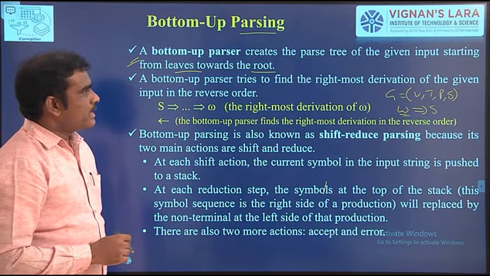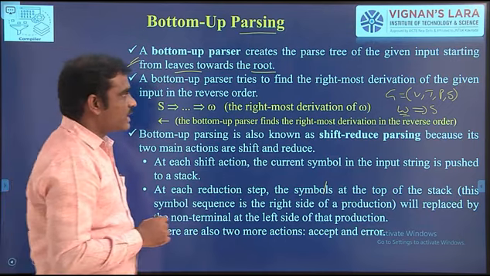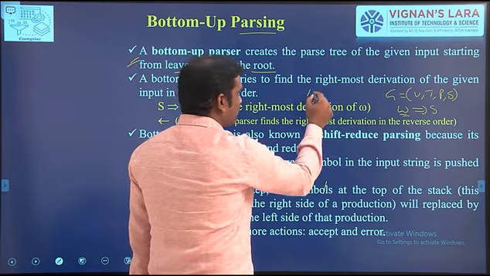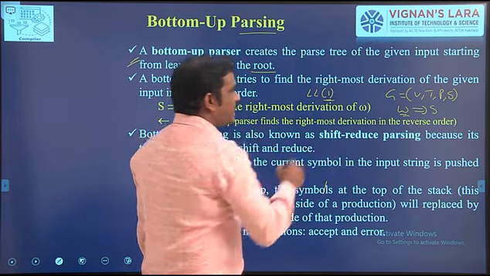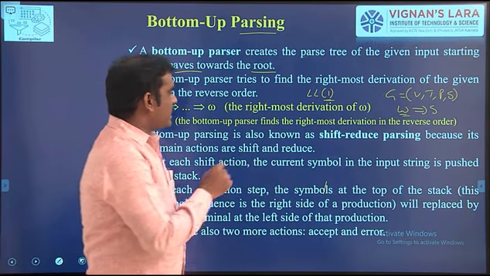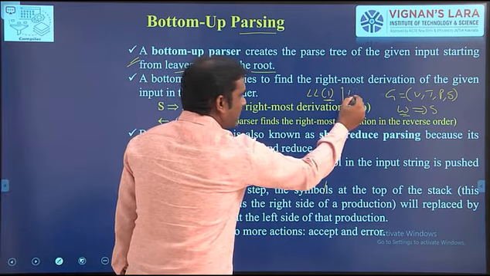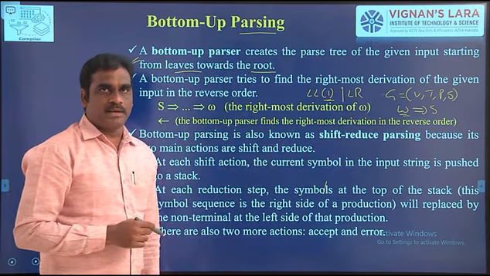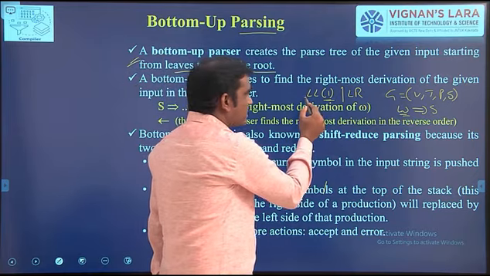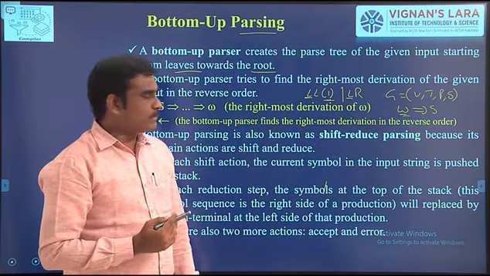And in the top-down parser, we are using leftmost derivations. One grammar is there, that is LL(1) grammar. Here in bottom-up parser we are using LR parsers. In both cases, the first L means scanning the input from left to right.